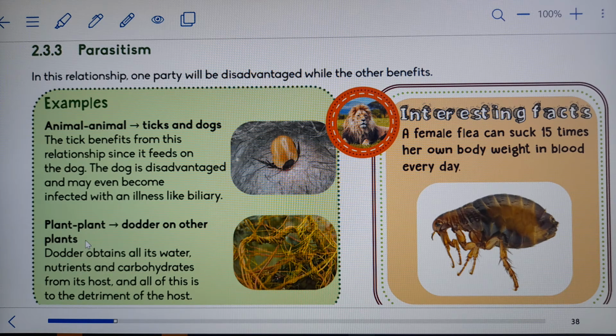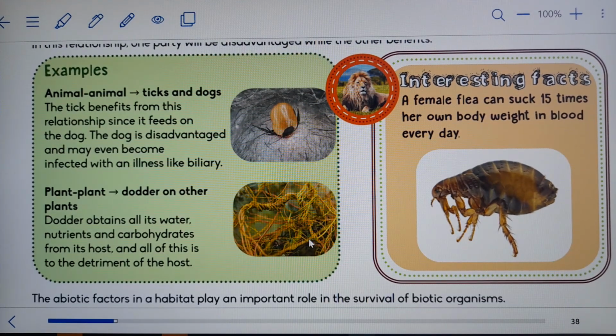The second type of parasitism is plant to plant. And this is what they mentioned in Unit 1, photosynthesis. Let's hear that in detail. I've been looking forward to hearing this. A plant like dodder lives on another plant. Dodder obtains all its water, nutrients, and carbohydrates from its host, and all of this is to the detriment of the host.